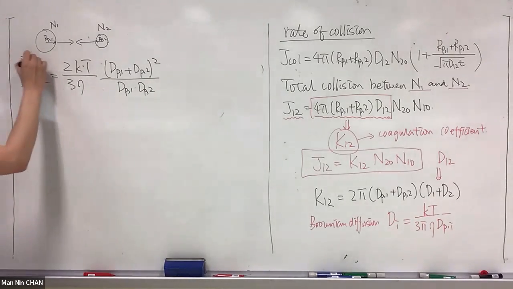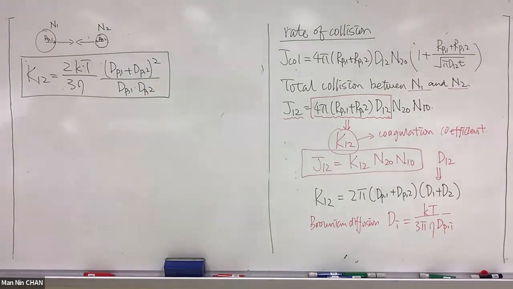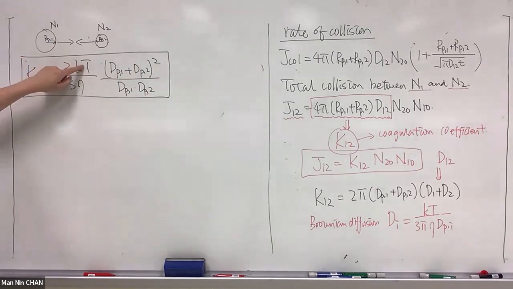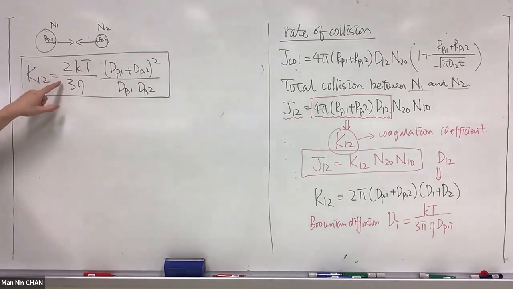So now you can calculate the coagulation coefficient when you have this kind of coagulation between two particles with different sizes, say this is the dp1. Now we use the diameter, we don't use the radius. You can see this is the expression. This is just 2 times k. Again, k is the Boltzmann's constant times the temperature divided by some constant, here 3 times the viscosity of your air.